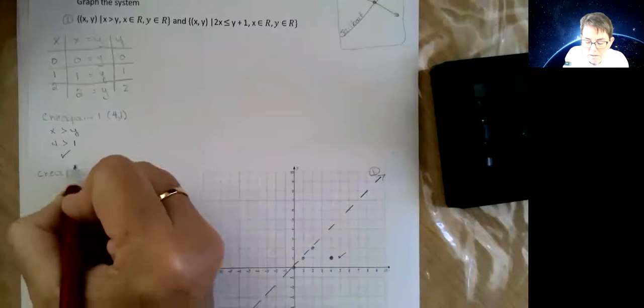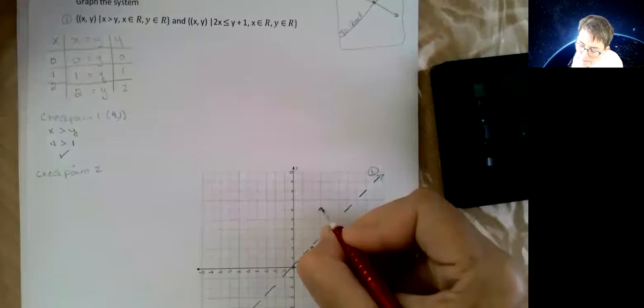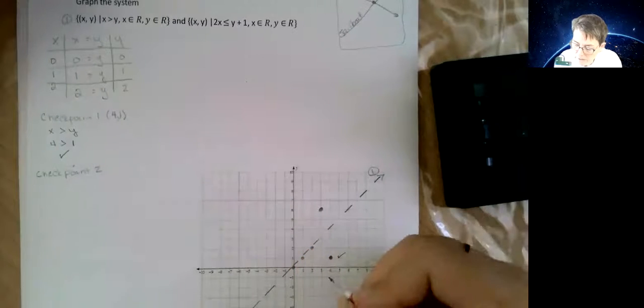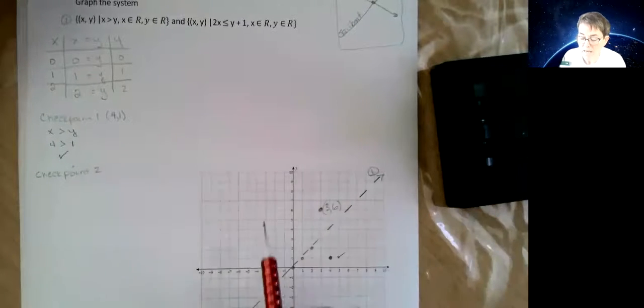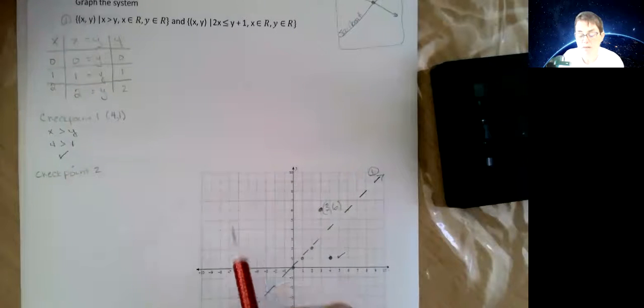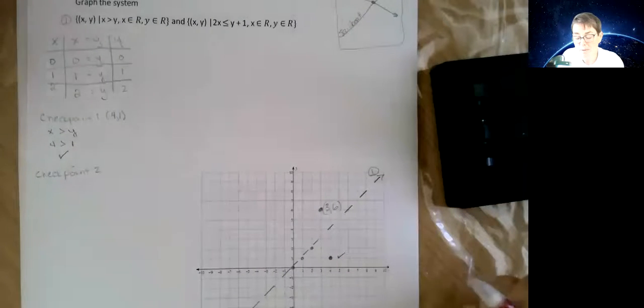Checkpoint 2. All right, I'll pick one from up here. How about that one? And that's going to be 3 and 6. Now, if I wanted to, I could pick from down here or over here. It doesn't matter as long as it's on the opposite side of the graph, but I don't want to include negatives. That's just making my life more difficult.